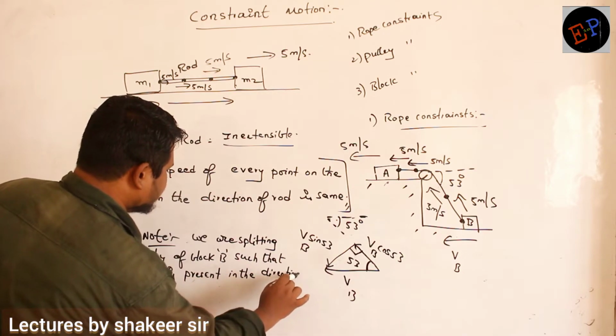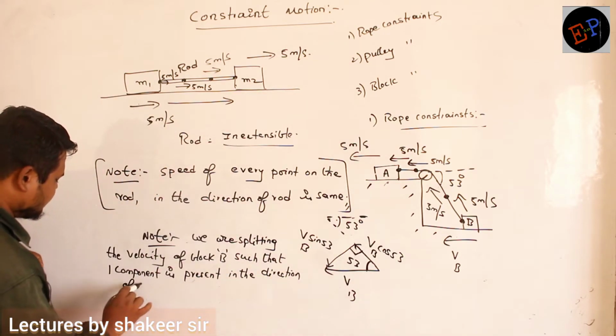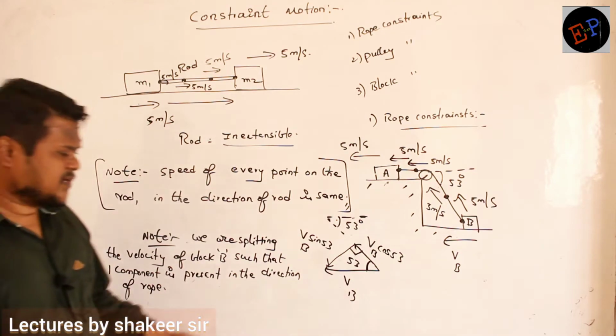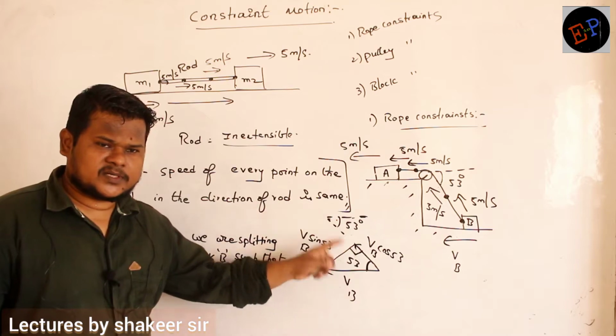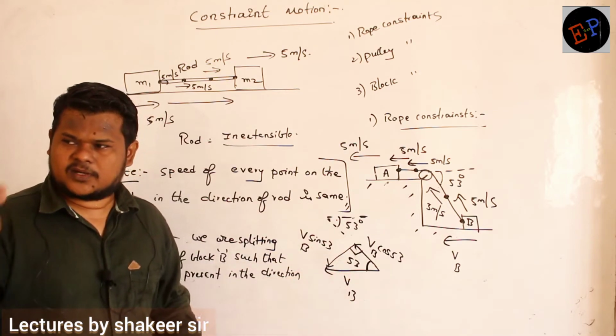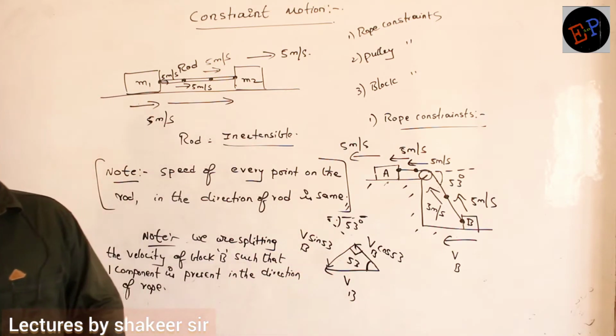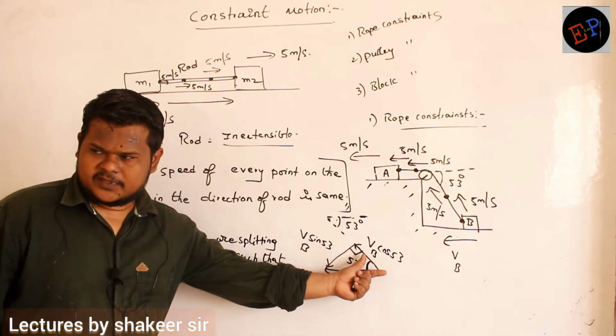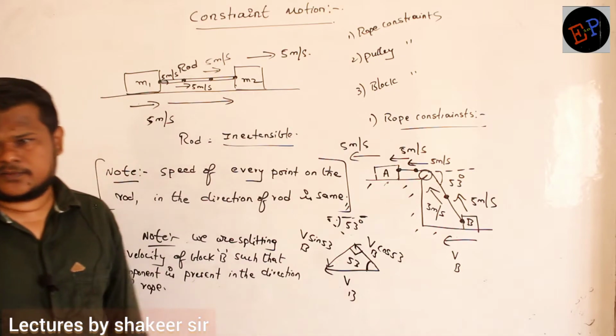One component is present in the direction of rope. Clear? So this block's VB velocity, I will split into two components such that one component is present in the direction of rope. Clear? And which is the component in the direction of rope? VB cos 53. So VB cos 53 must be equal to 5.